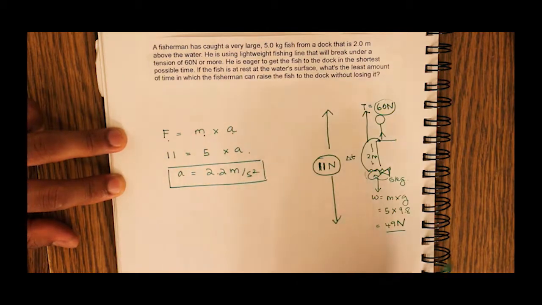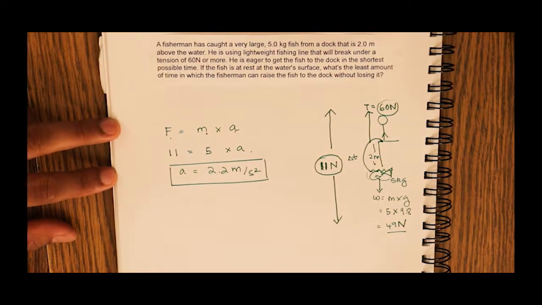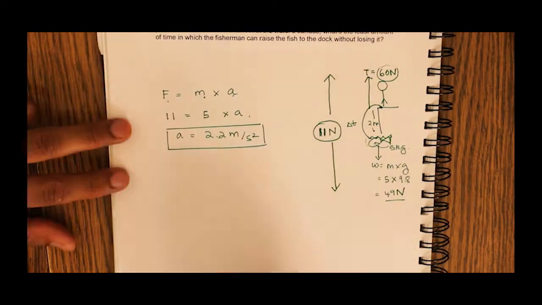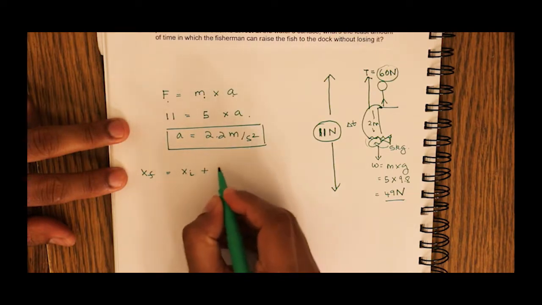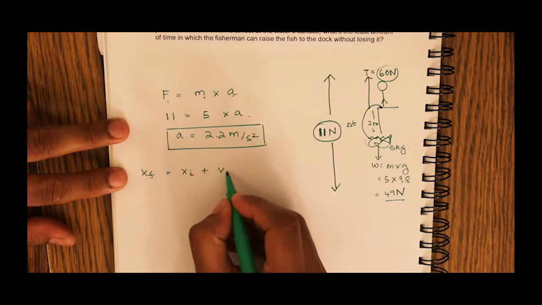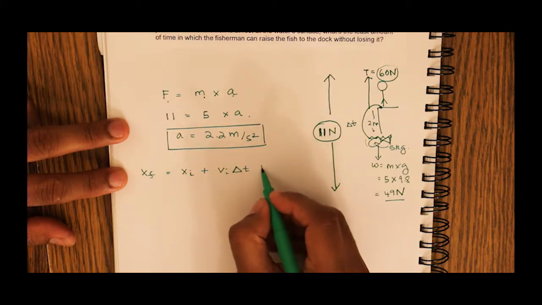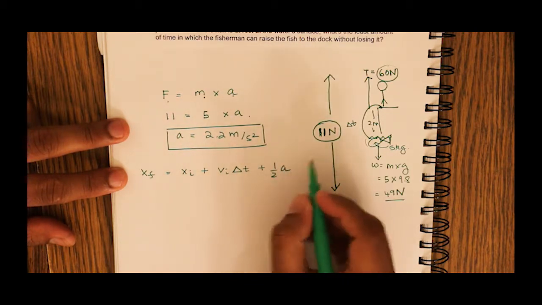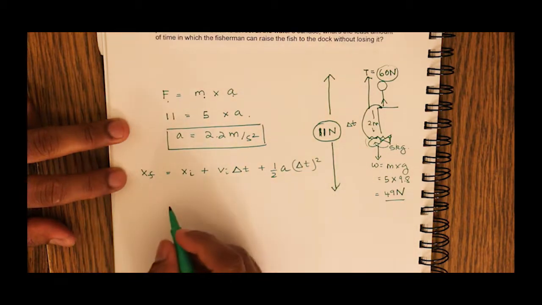So now we know acceleration, we can find what our time is by using the position formula. So the position formula is position final equals position initial plus velocity initial times delta t plus half acceleration times change in time, the whole square.